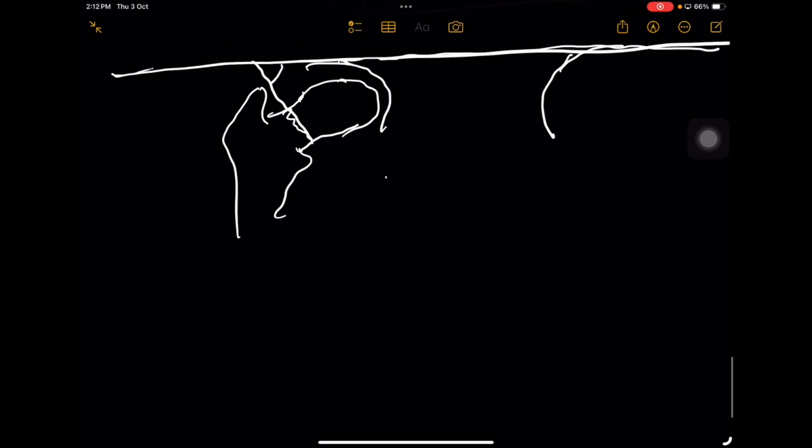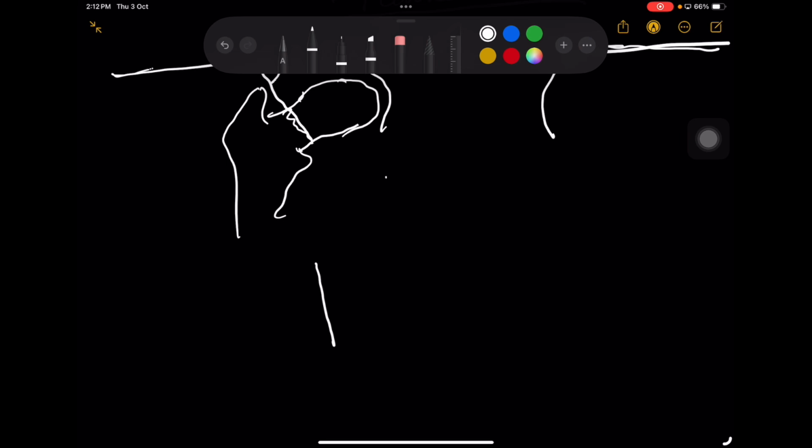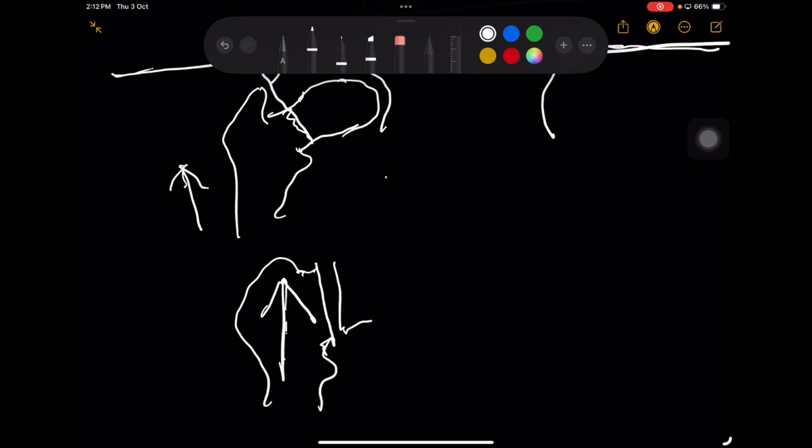Now supposing this Powell's angle is vertical, then the muscle forces act like this. Here will be the trochanter and here is your fracture which is vertical. So the muscle forces will act like this and the weight of the body will act like this.